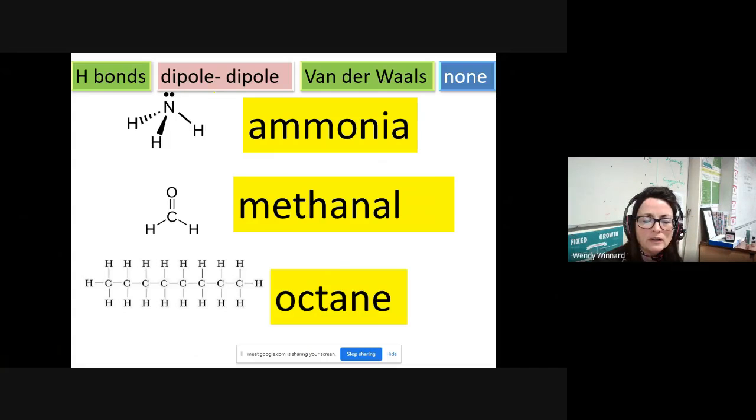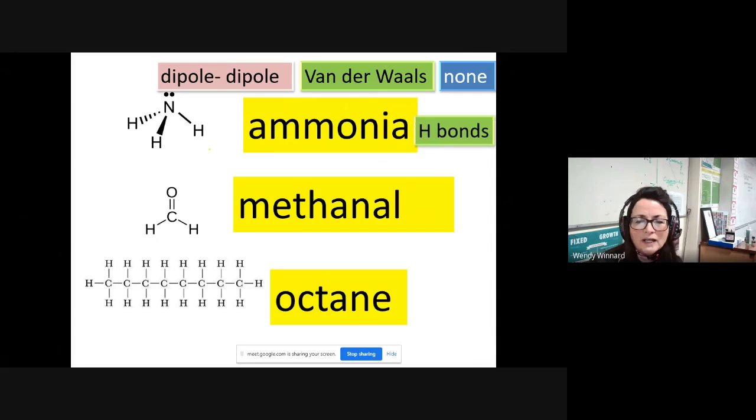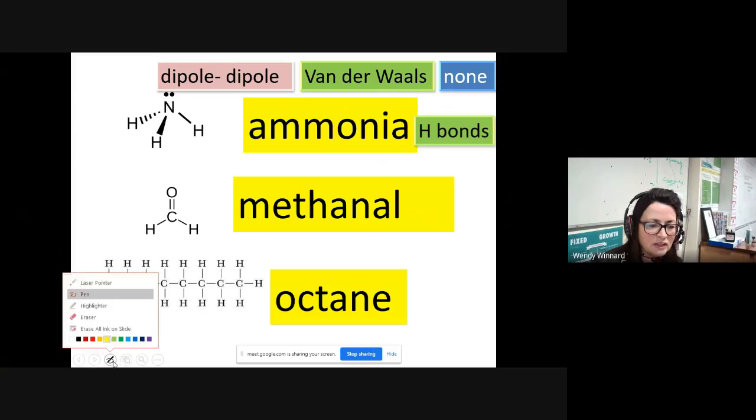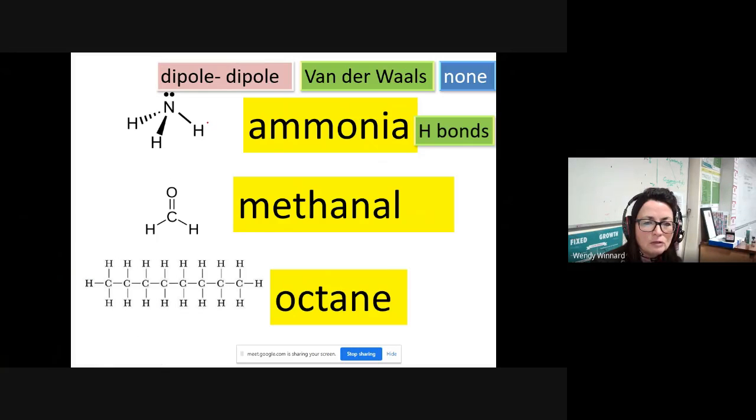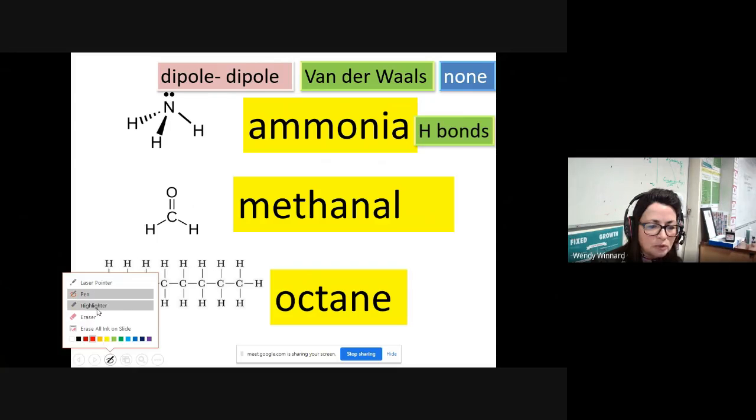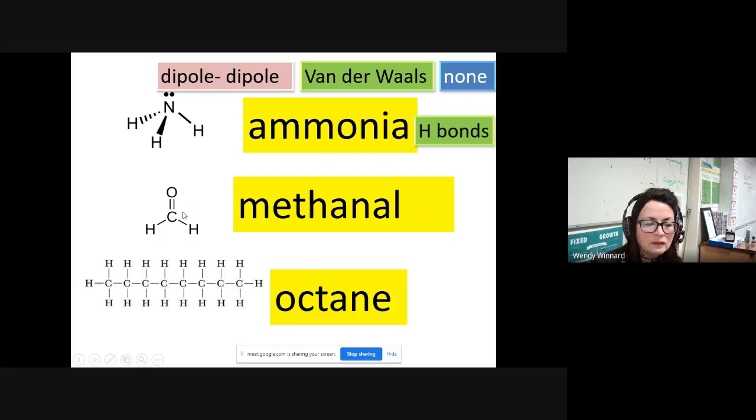So ammonia, you're all screaming at me, Wendy, that's hydrogen bonding. Why? Because if we look at the nitrogen, it's got hydrogen directly attached to it. And therefore, because it's got that directly attached to it, this hydrogen here is almost a naked proton.